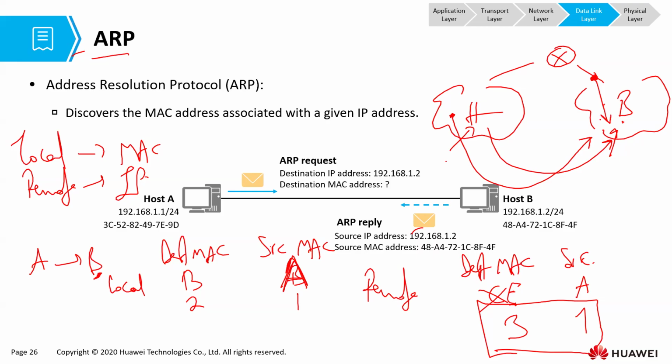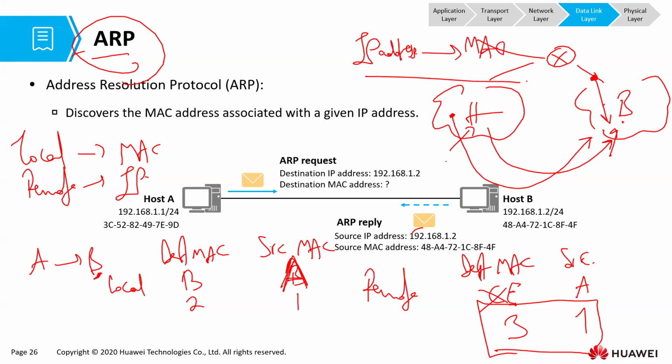That process of knowing exactly where to go, that process of finding the MAC address, uses the address resolution protocol. So how does it work? There is a cache, a table, let's say a table of IP address mapped to MAC address.